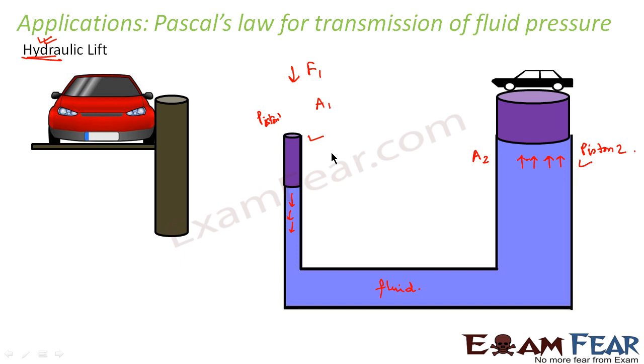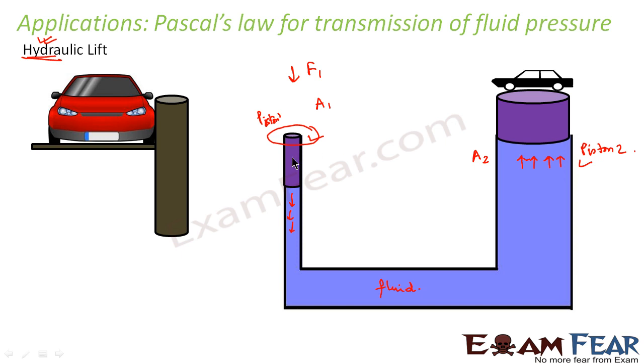So, what was the advantage of this method? The advantage is that since this side had a smaller surface area, we had to apply a very small force. With a very small force, we were able to exert a larger force on a larger area and lift the vehicle. Imagine if you had directly tried to lift the car, it would have been a very tedious job, because you would have been required to apply a much greater amount of force.